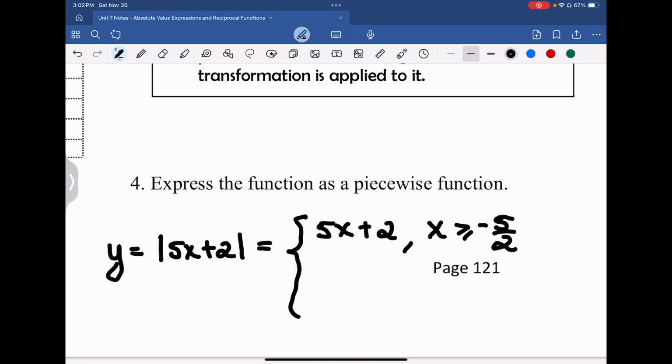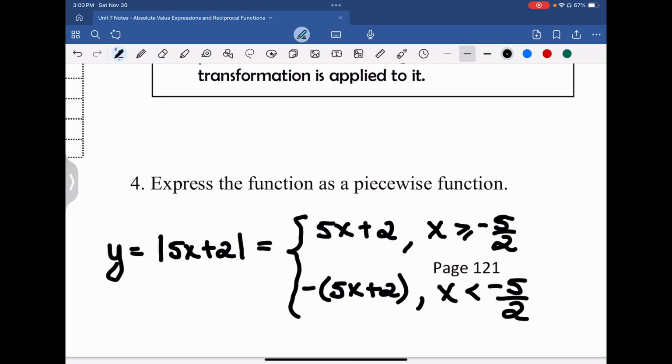For the other one, if we want the negative sloping version, we just take all of what was the function, put it in brackets, and write a negative on the outside, which then makes this a negative slope. This occurred at all the points that were less than -2/5, or where it was to the left of this x-intercept. And there's our overall absolute value function as a piecewise function.